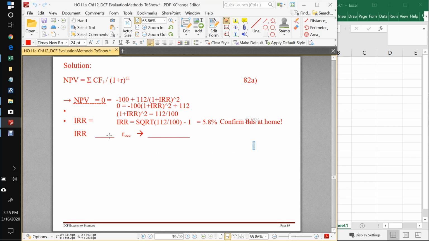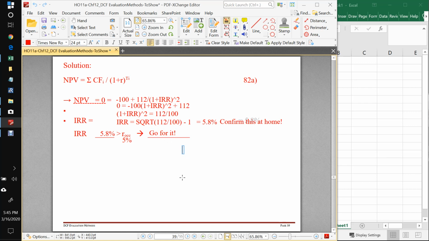So the IRR in this case is 5.8%, and that is greater than our opportunity cost of capital, which is still 5%. So that means our cash would be growing faster in this investment than in shares of the Mint, our opportunity cost investment. So we want to go for it.